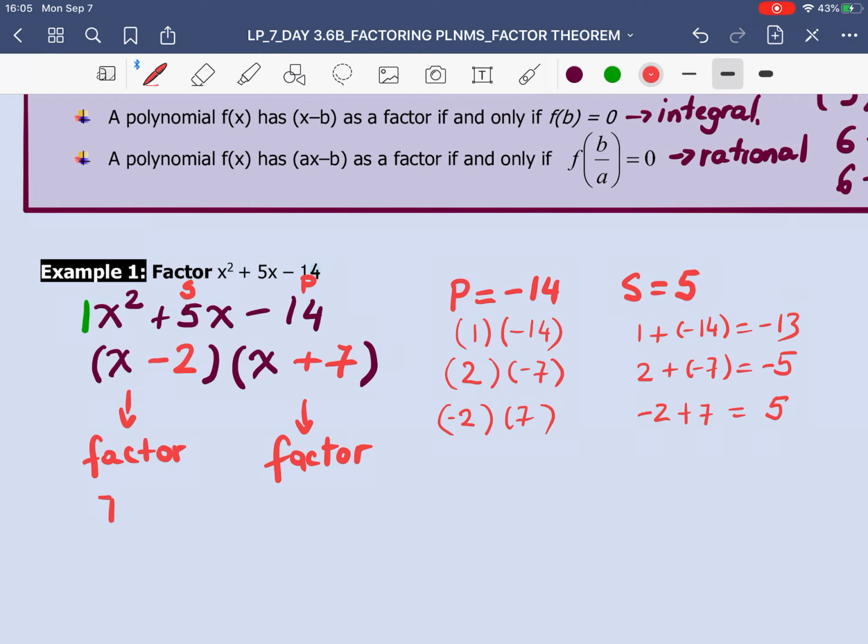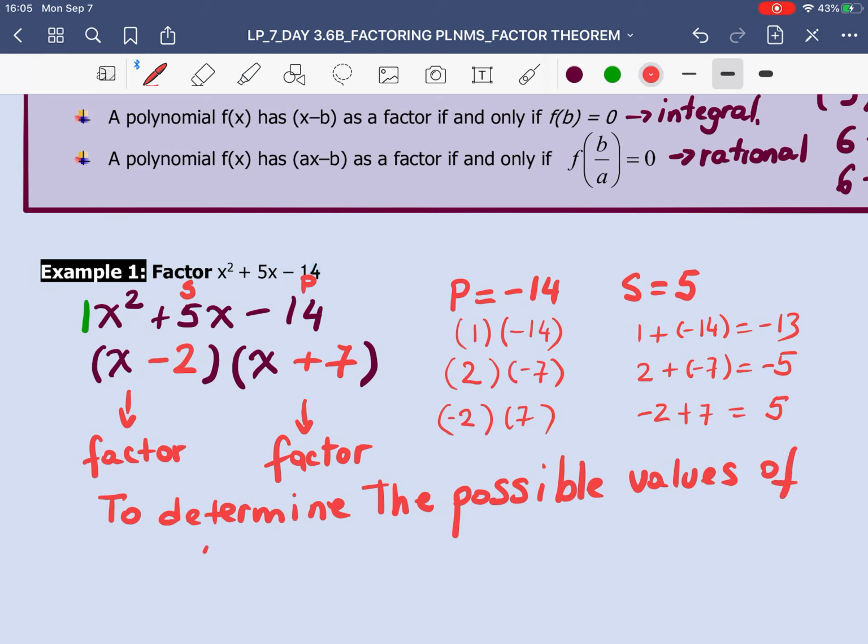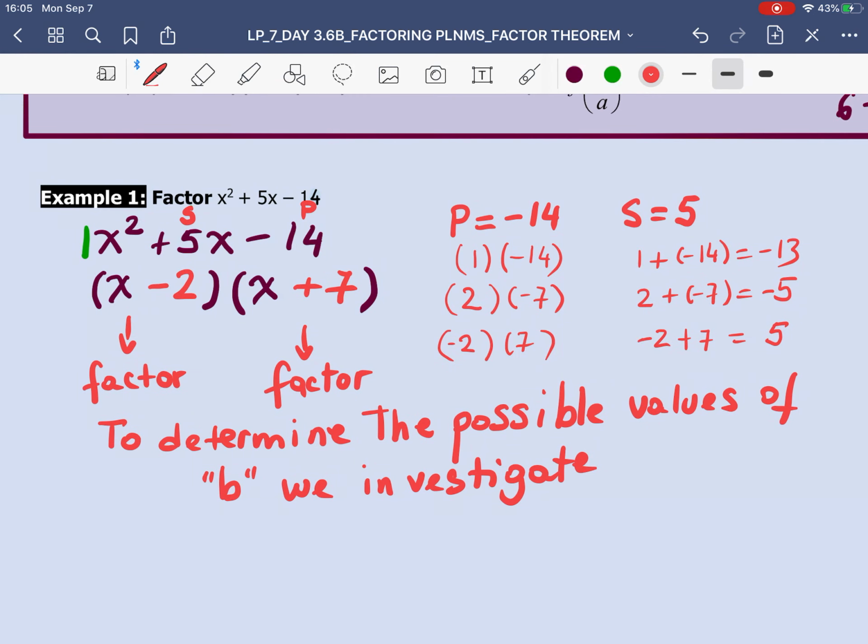So I'm going to write this rule in here. To determine the possible values of b, we investigate all the possible factors of the constant term in the trinomial.